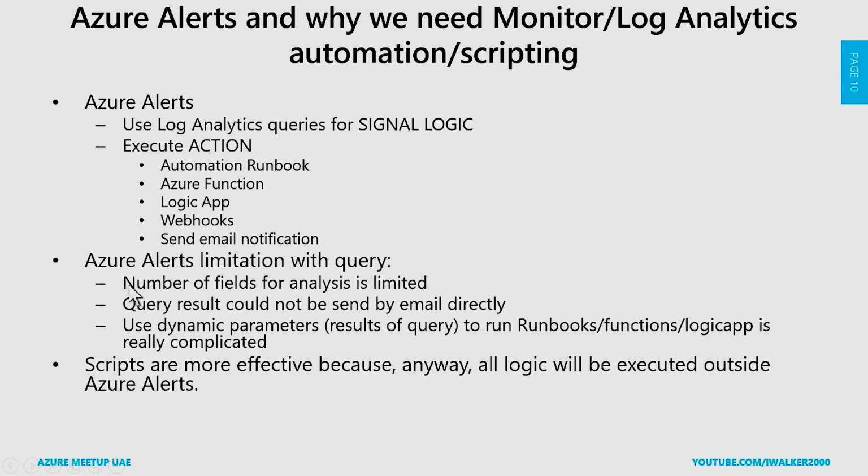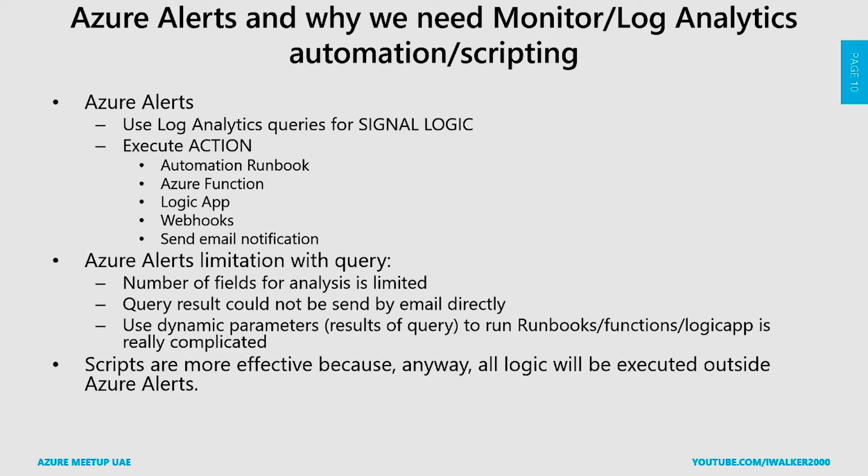For example, the number of fields of analysis is limited. If you need to analyze a lot of different parameters in one request, you can't do this inside the signal logic. Even with the custom script, you can do only one parameter, like average of one parameter or maximum of one parameter, etc. Return just one thing, or you can get just the number of returned rows.